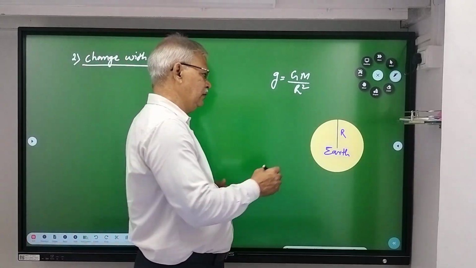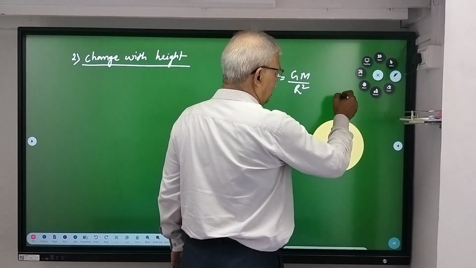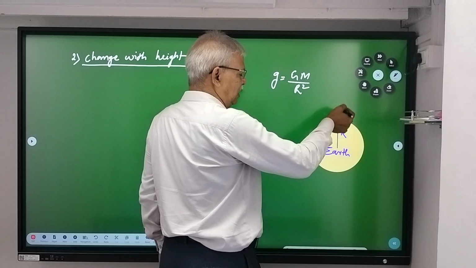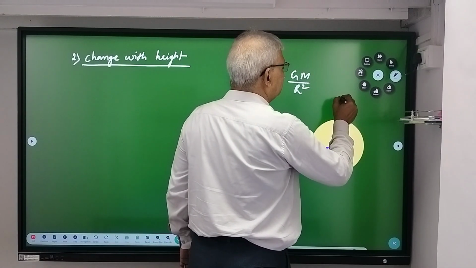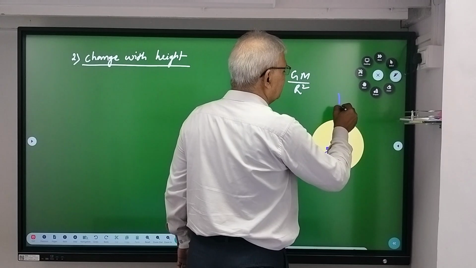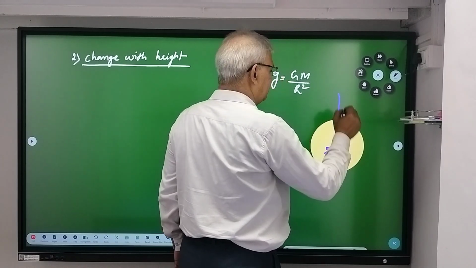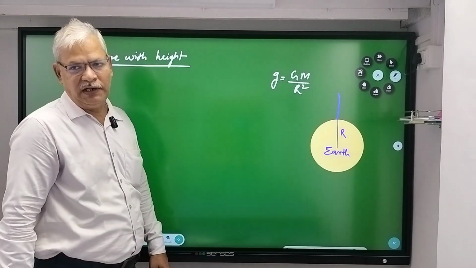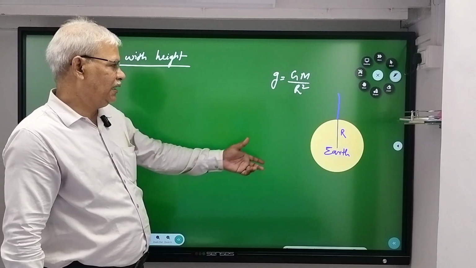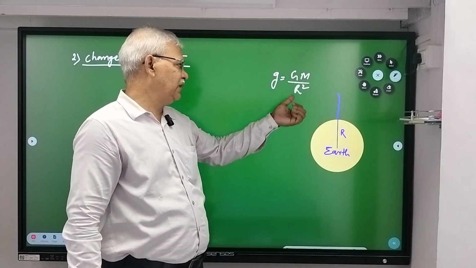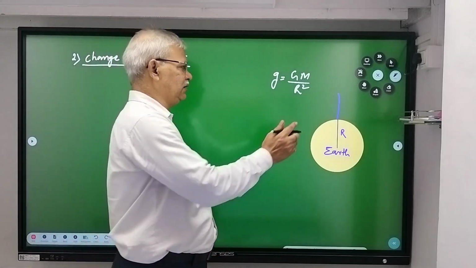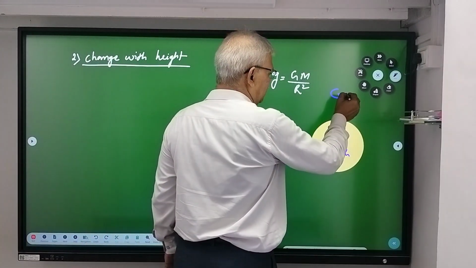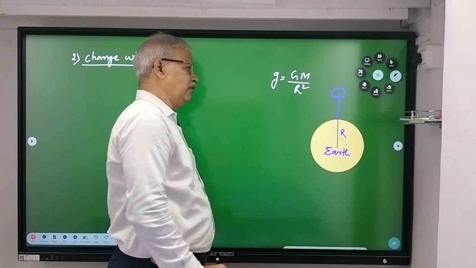If we go upward above the Earth's surface, then what will happen? This radius will increase, value of R will increase, and as the value of R will increase, the value of G will decrease if the object is over here, okay?